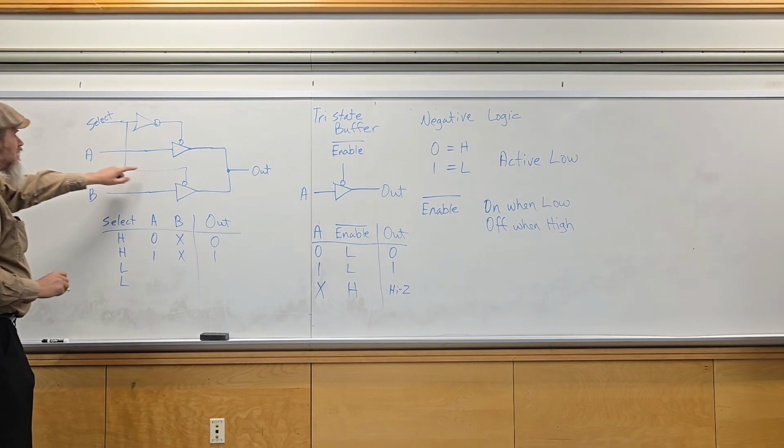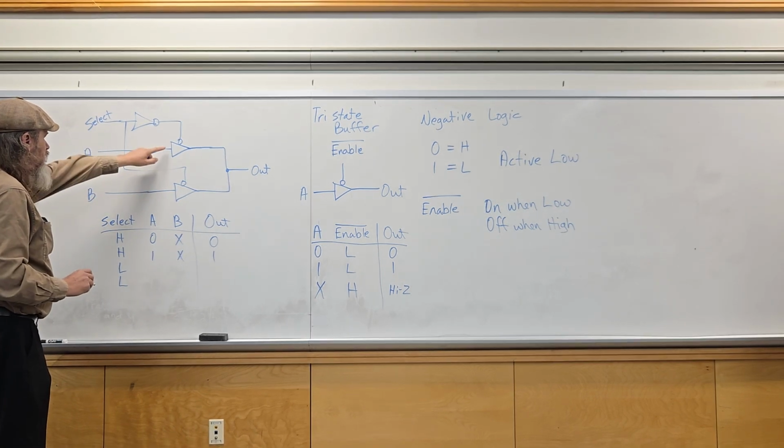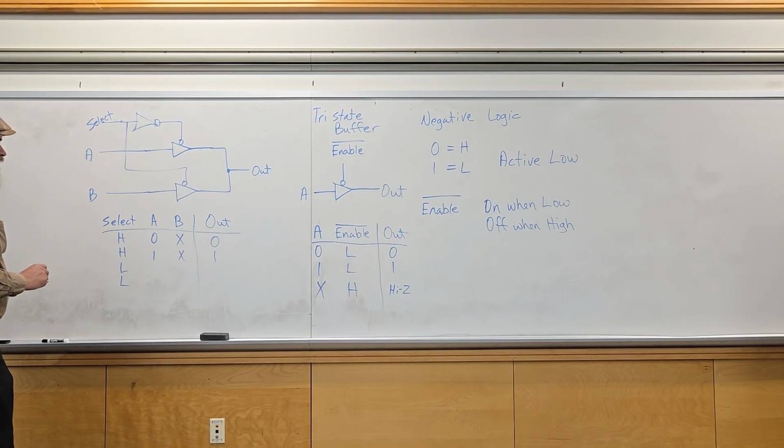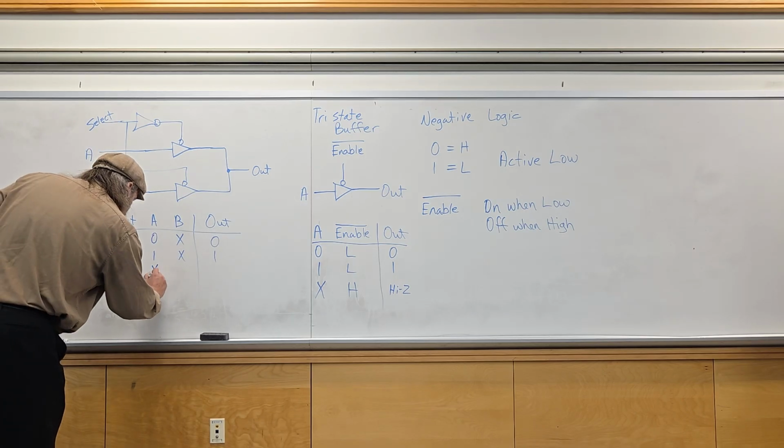And if it's low, A would be in a high impedance state, and B would be active, so it doesn't matter what A is.